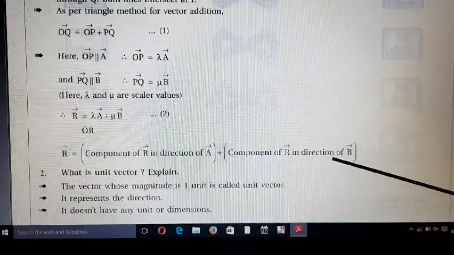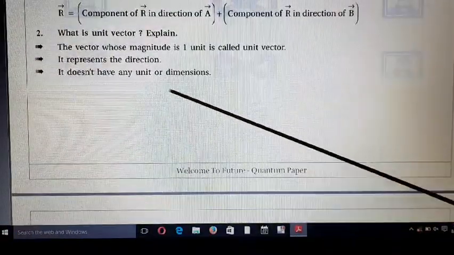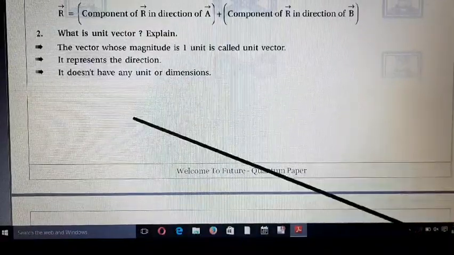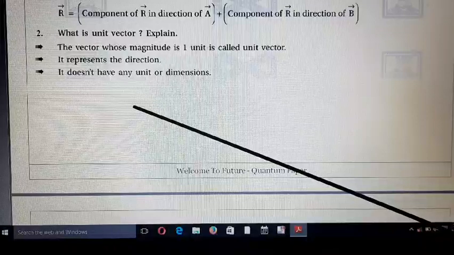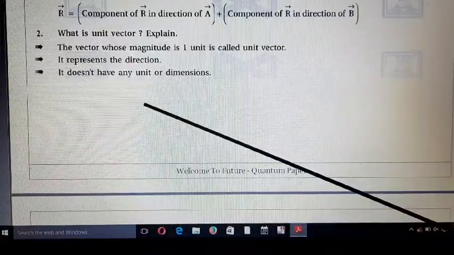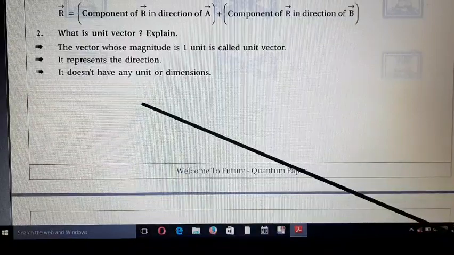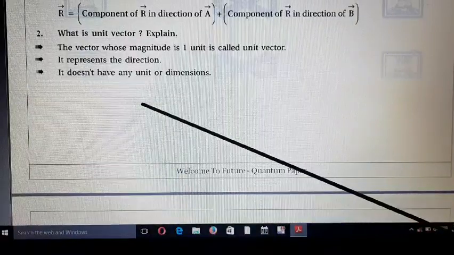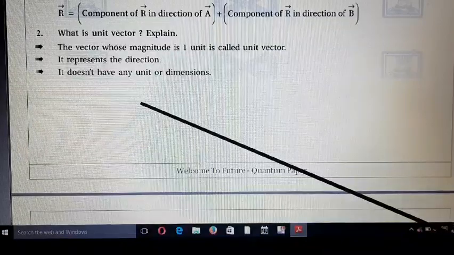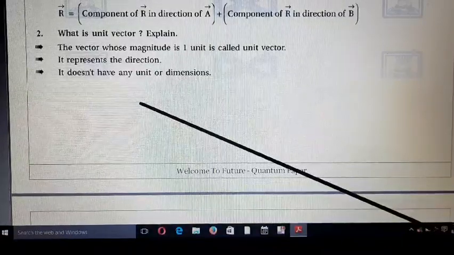Friends, next question is: what is a unit vector? Explain. A vector whose magnitude is 1 unit is called a unit vector. It represents the direction. It does not have any unit or dimension.